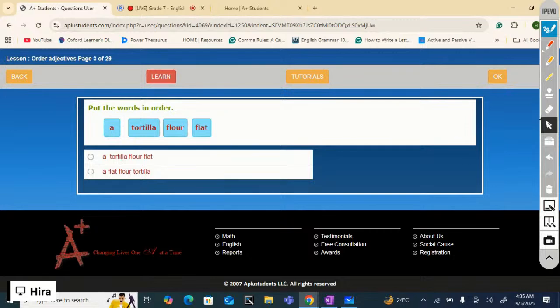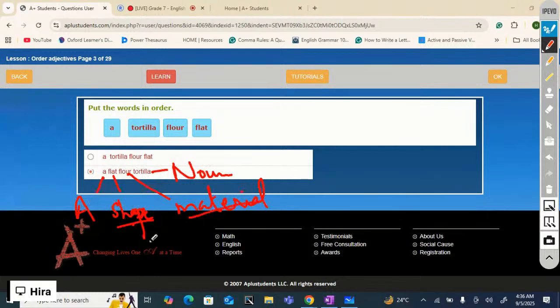Excellent. Again, it's option two, a flat flour tortilla. Let me explain. A is an article. Flat, what is it? Shape. Flour, material. And tortilla is a noun. These three, the article and these adjectives, they all are describing this noun, a flat flour tortilla.